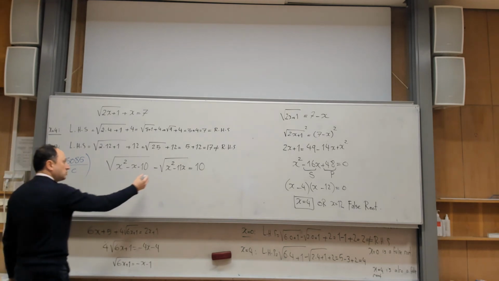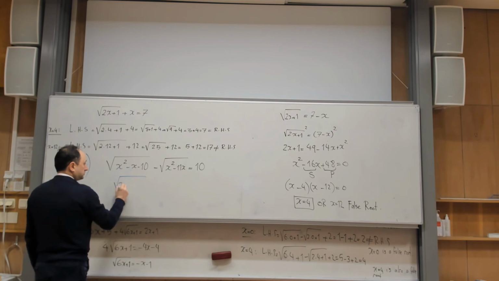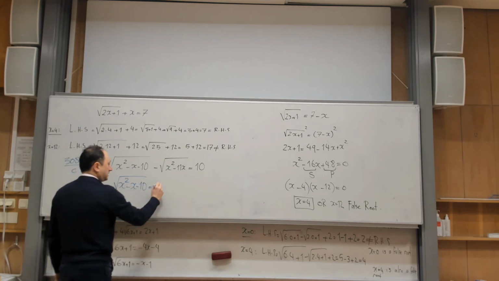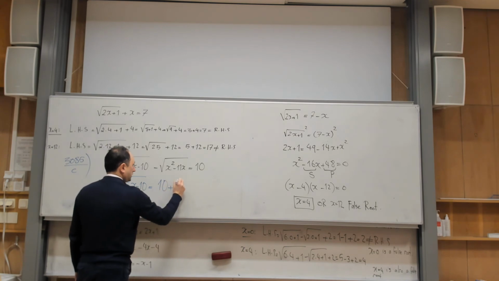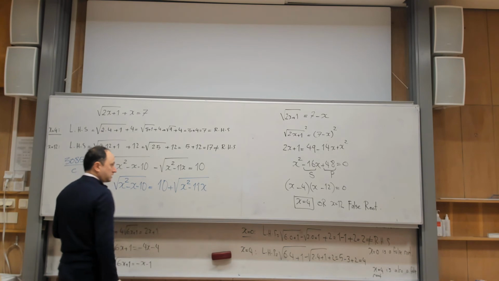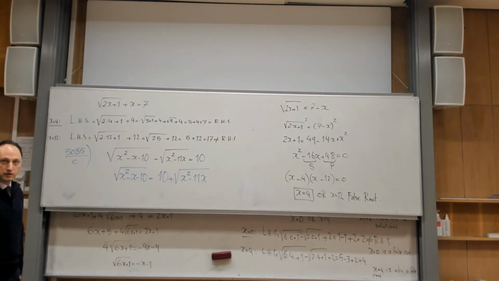So this is motivating to move this one to the other side first. This becomes 10 plus square root of x squared minus 11x. That's the first step. The second step is probably clear, to square both sides, yes?